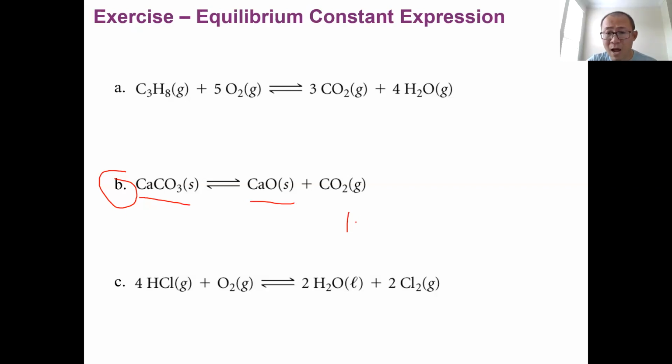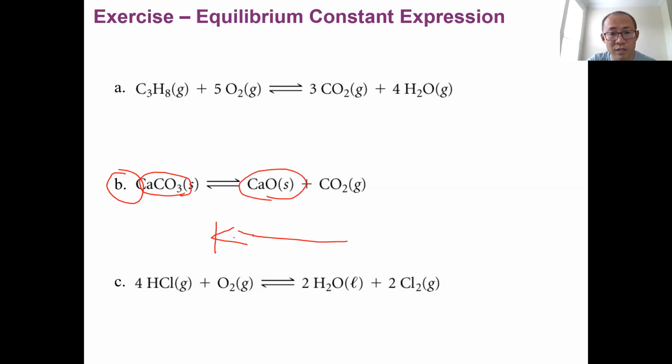So when you write the equilibrium constant K, because these two are both solid, you don't need to include them in the equilibrium constant expression. So the only thing you have is the concentration of carbon dioxide powered by 1, of course. So basically K equals what?